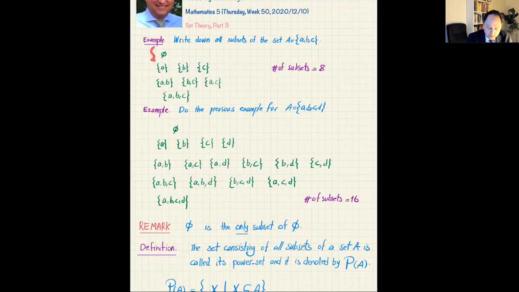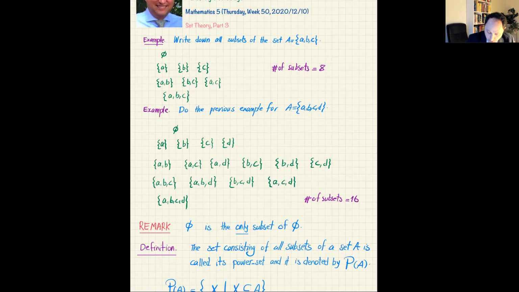If I collect them into one set, that is called the power set. That's it. So when I say power set, it means that you need to put a curly bracket around them so that they are now seen as the elements of another set. That bigger set, which contains all of these elements, is called the power set of that one.